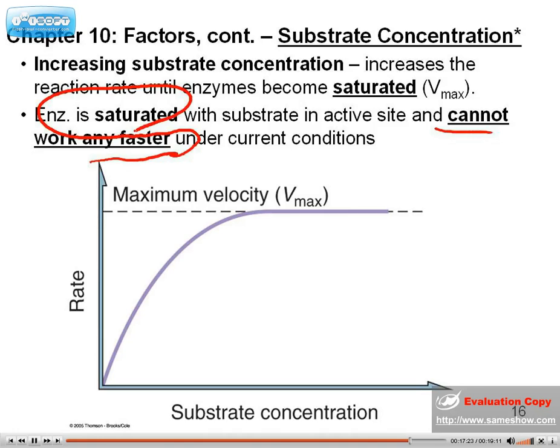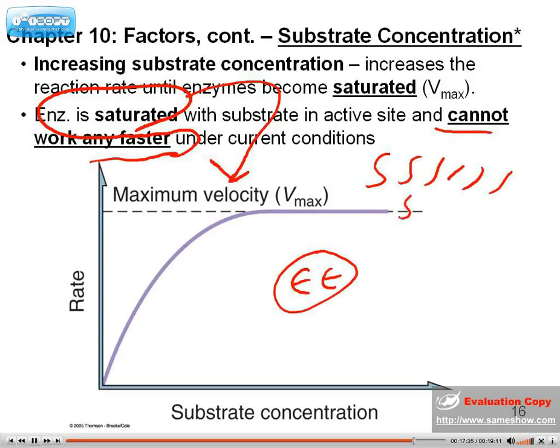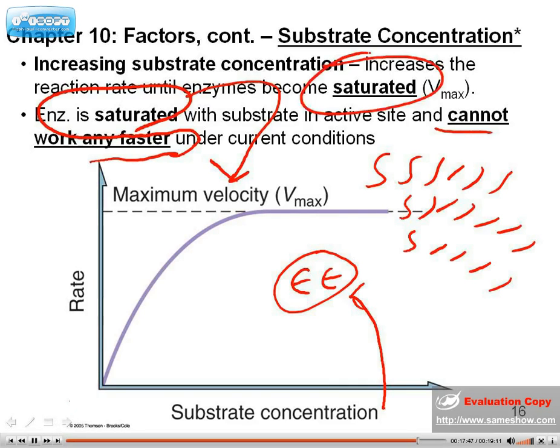The maximum velocity, aka enzyme saturation, is the maximum rate that can occur if you have a limited amount of enzymes. No matter how much I increase the substrates at that point, the enzyme catalyzed reactions will not go any faster because you simply don't have enough enzymes. So you say the reaction rate is saturated.